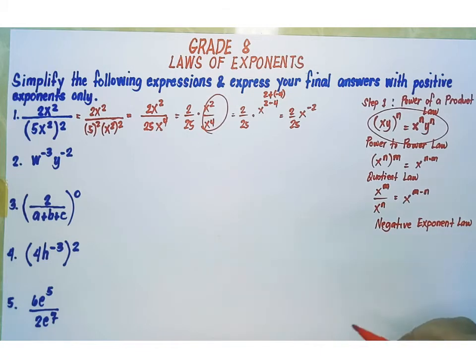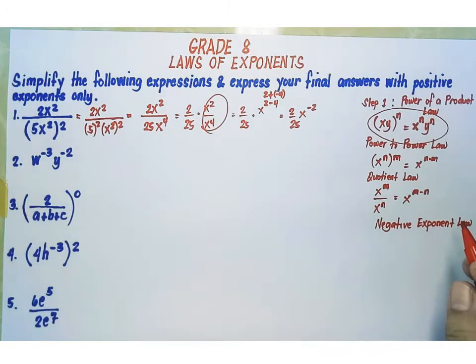Okay? The negative exponent law is actually like taking the reciprocal of the exponential term. And when you take the reciprocal of the exponential term, you are actually flipping or changing the position of the term.